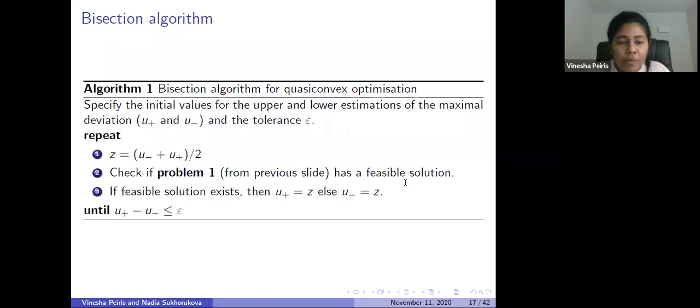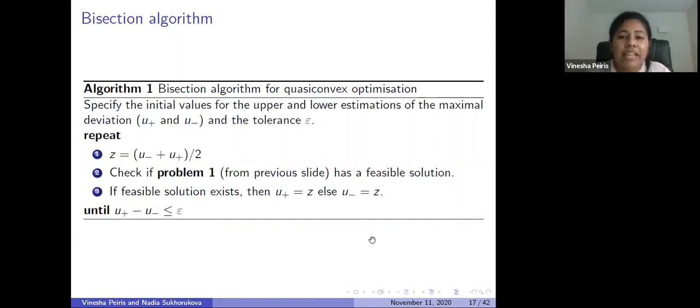So what we do is specify the upper and lower estimates for the bisection interval. Then we fix Z at the midpoint of this interval and check the feasibility of problem 1. If there is a feasible solution, we update the upper bound, or else we update the lower bound. We continue this process until the gap between these two bounds becomes very small.